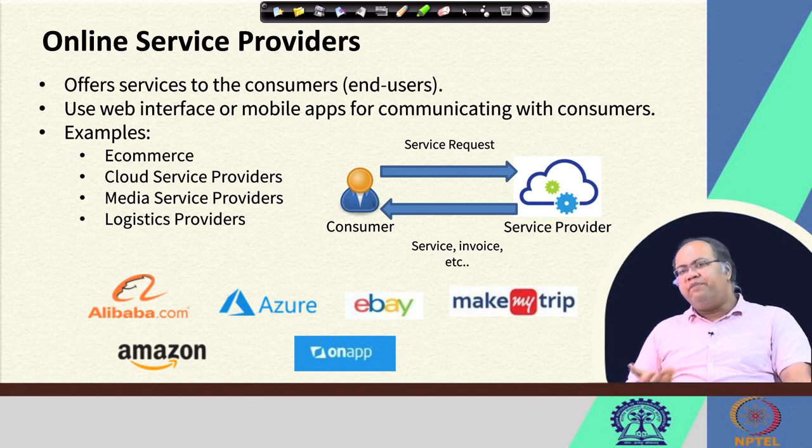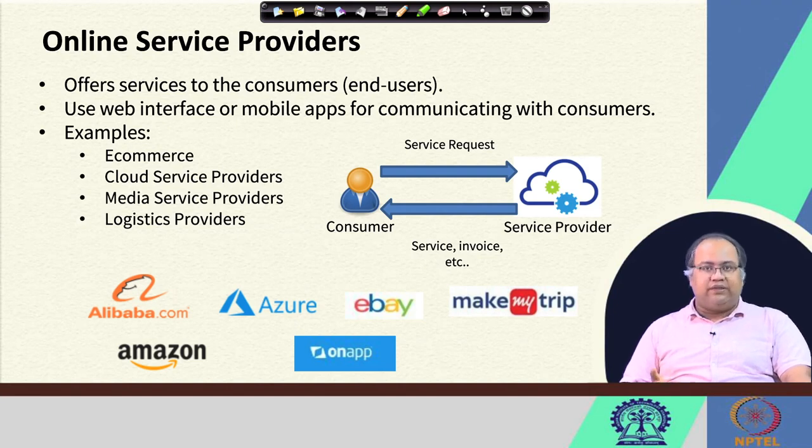So, I can pick up a few examples like this. For example, Amazon or eBay. They are the kind of e-commerce service providers. Amazon and eBay are a kind of centralized marketplace where different sellers can come with their products, and then there are buyers who can choose a particular product from different sellers, find out which seller is providing the minimum cost or the best price, and the best guarantee of the service or the product, and then buy the product from that particular seller.